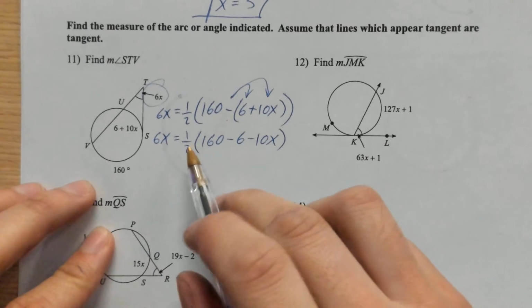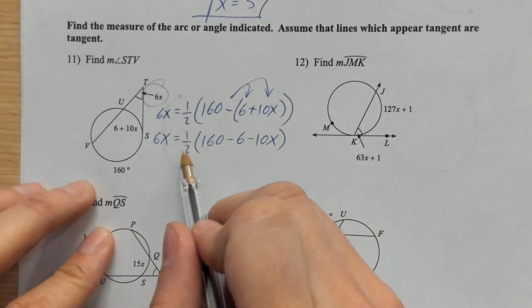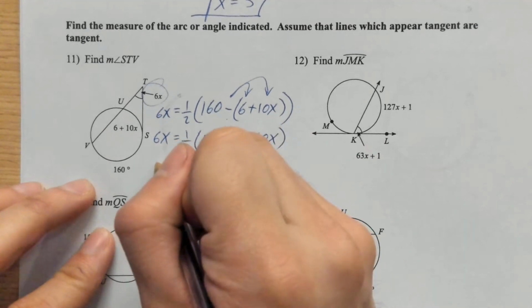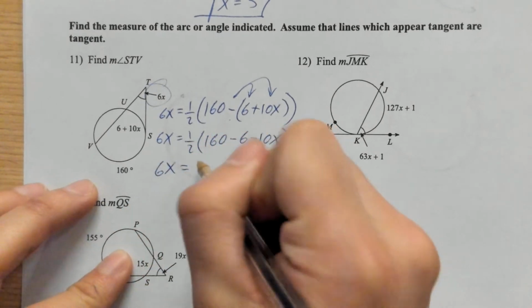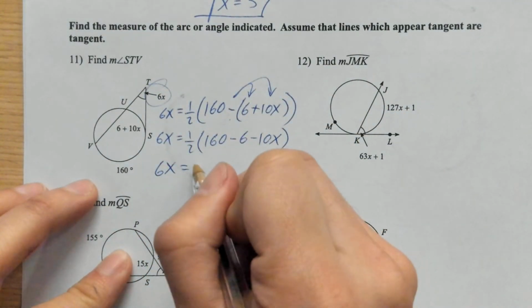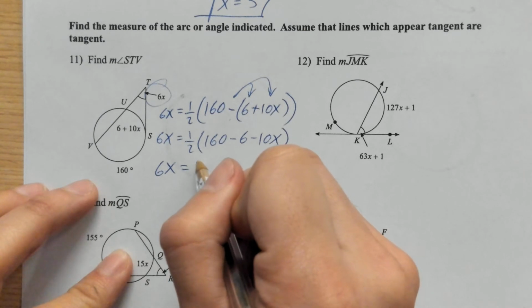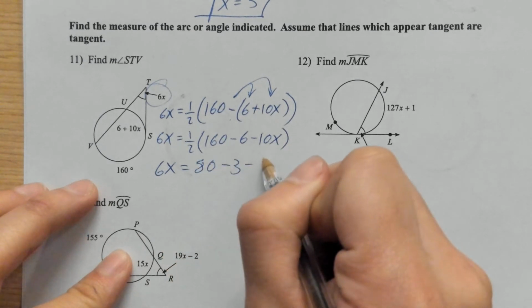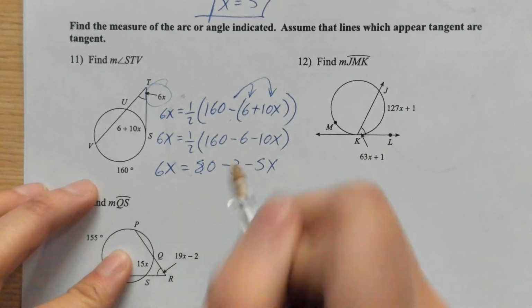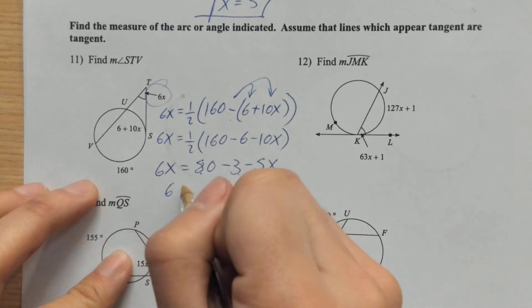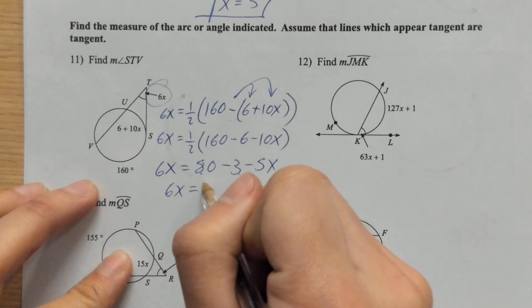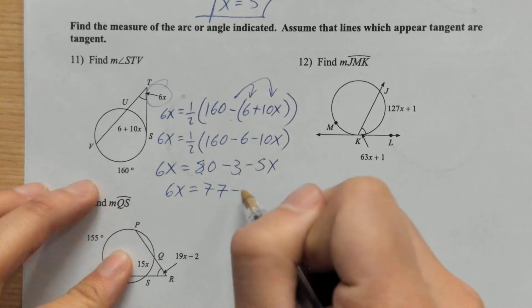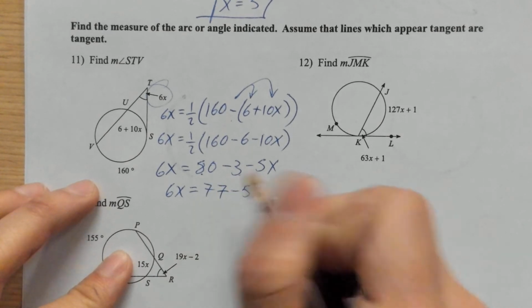Alright, once you distribute the negative, you don't need the inside parentheses anymore. Now let's actually multiply everything by 1/2. So everything inside will be halved. So I'll get 80 minus 3 minus 5x. And actually the 80 and the minus 3 become 77 minus 5x.